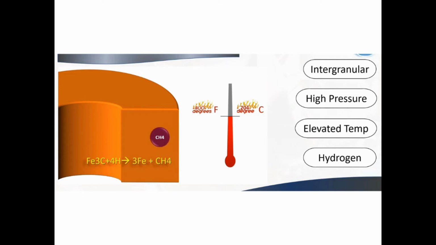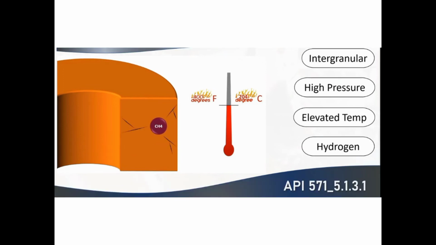And this methane gas will ultimately be trapped inside the metal, and it becomes damaging. So we see in the next slide that hydrogen reacts with the carbon and makes methane, and methane is trapped inside the metal structure.